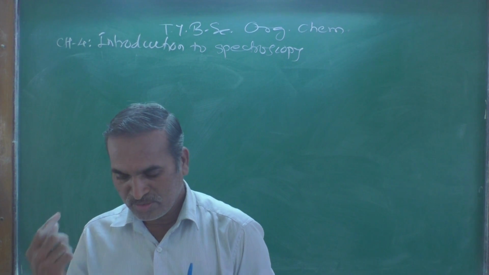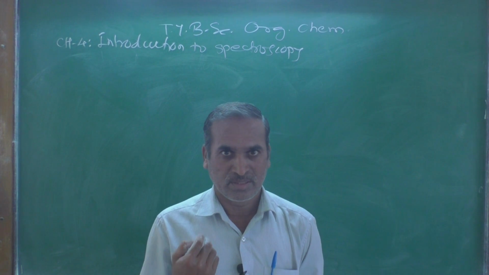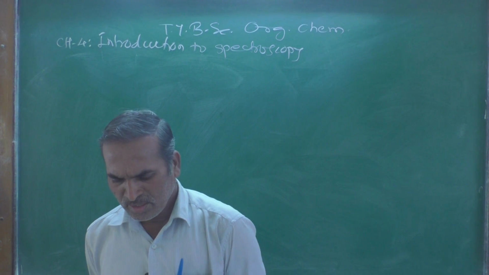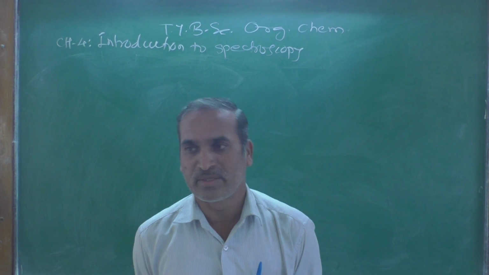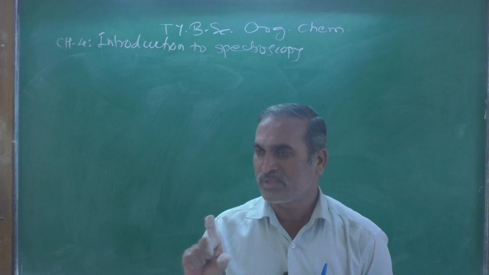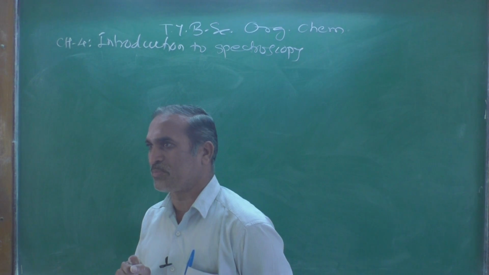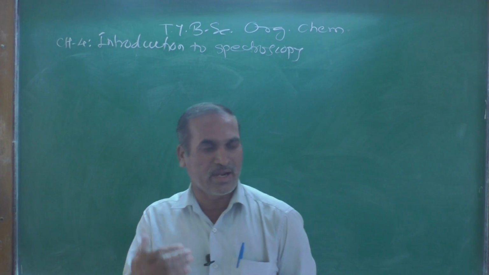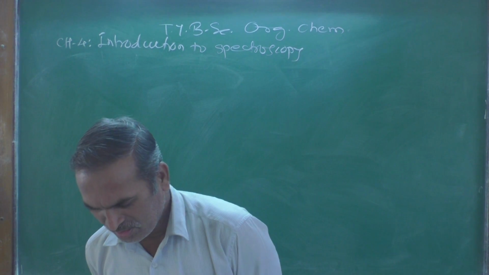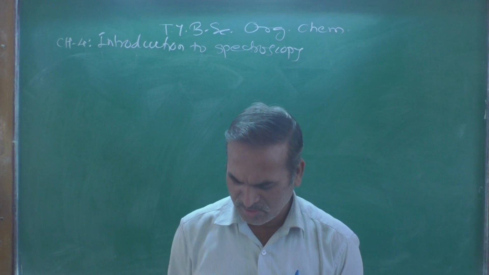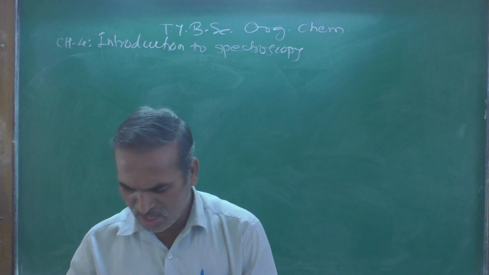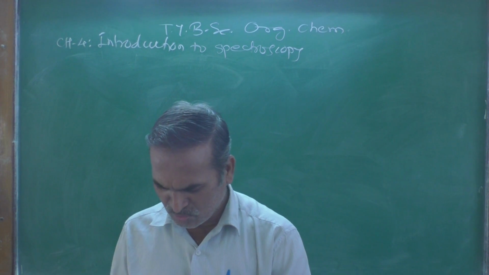Now let us see another type of question. Define the term spectroscopy. At the beginning, I already told you the simplest definition of spectroscopy: the interaction of electromagnetic radiation with matter is known as spectroscopy. The next question may be: which electromagnetic radiation is used for PMR spectroscopy?